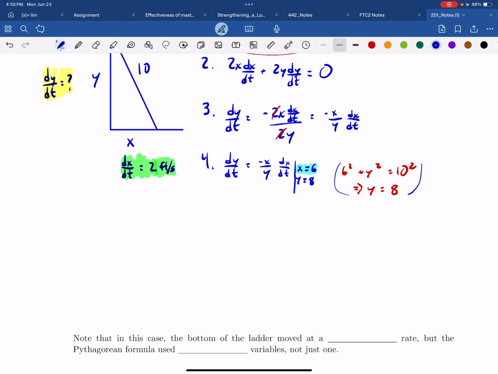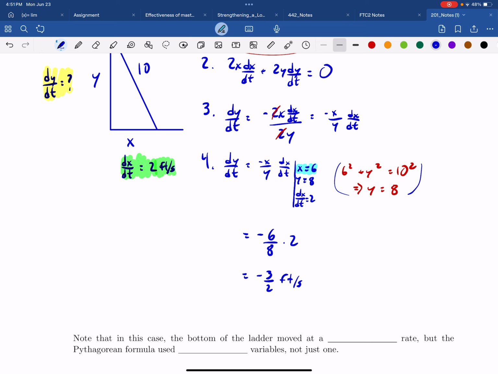And of course, we also know that dx over dt equals 2. So when we plug all this in, this is going to give us negative 6 over 8 times 2, and that's going to give us negative 12 over 8, or negative 3/2 feet per second.